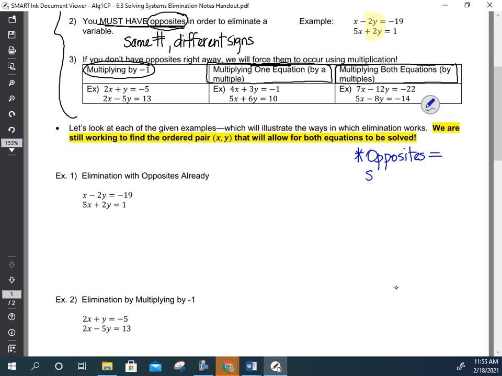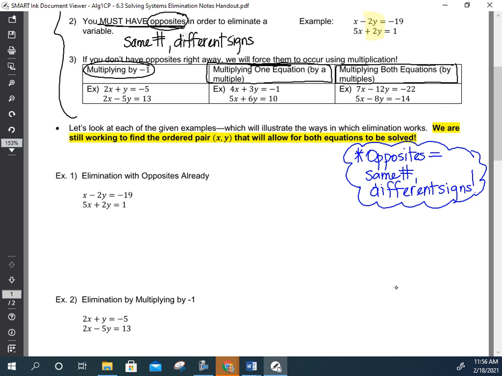Opposites mean same number, different signs. You must have one variable with the same number and different signs. We need that in order for elimination to work.